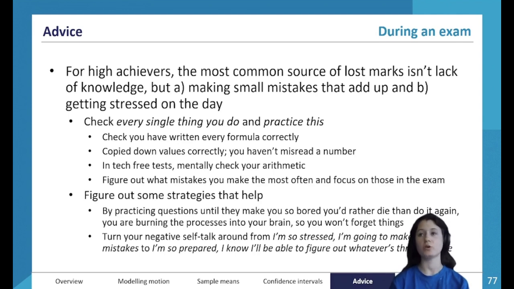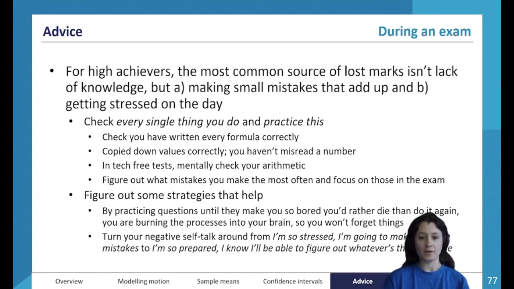Whenever you're going through a question, you need to think, did I copy this formula exactly from the formula sheet correctly? Did I write down all of my values correctly? I haven't misread a number because I wrote it messy. I typed everything into my calculator correctly. I didn't forget brackets or anything. Mentally check your arithmetic, whether you have done the correct arithmetic there.